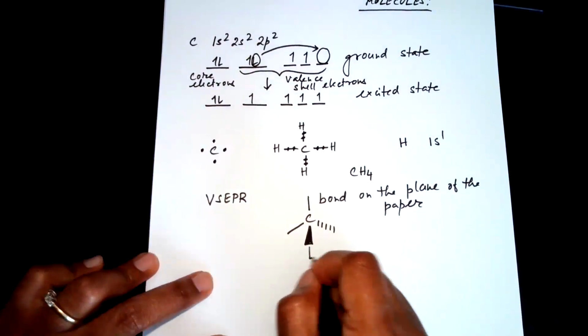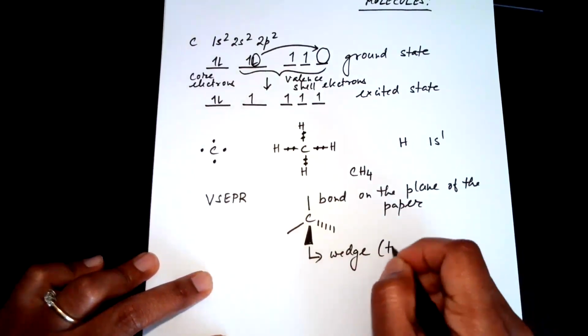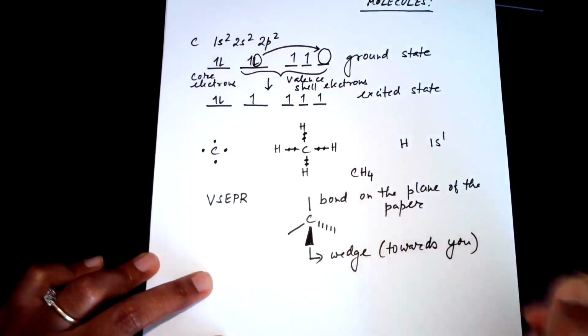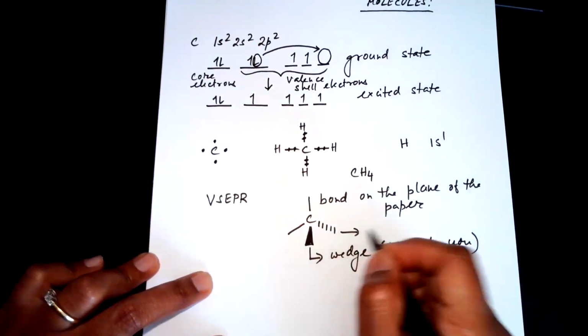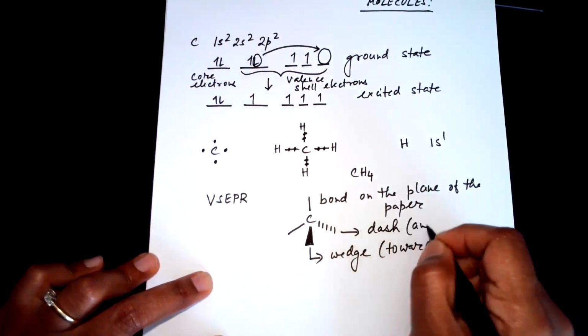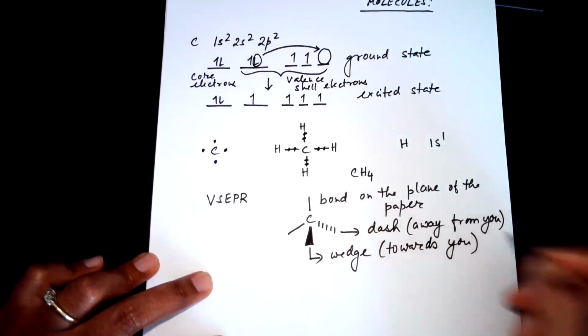This bond is said to be on the wedge, which is towards you. And then this bond is said to be on the dash, which is away from you.